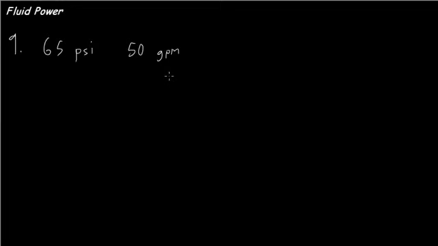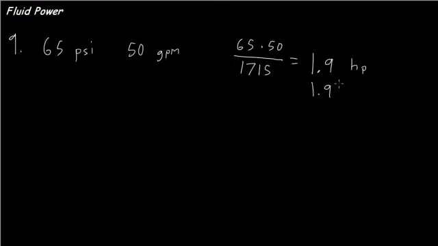So I can use my working equation to solve this. 65 times 50 divided by 1715. Remember, these units have to be correct, so this only works for PSI and GPM. I get an output power of 1.9 horsepower. I could also call this 1.9 water horsepower.